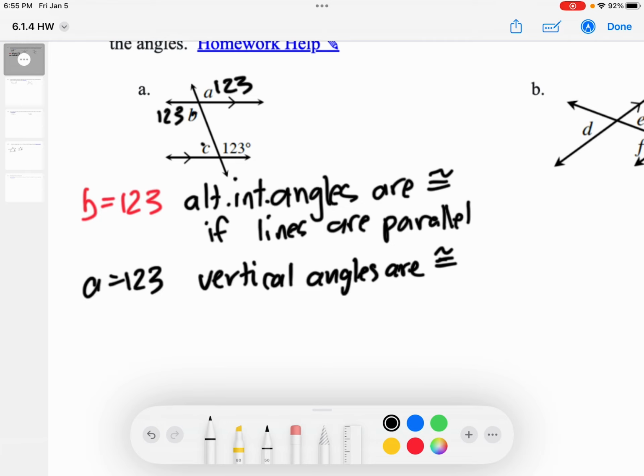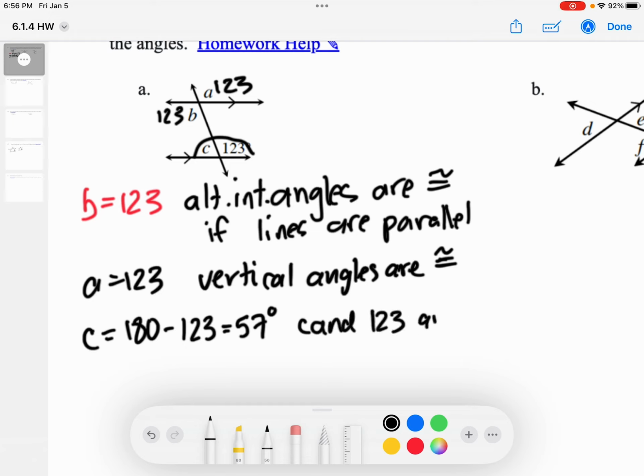B and C together are same side interior angles, or C and 123 are supplementary. So C is going to equal 180 minus 123, which is going to be 57 degrees, because C and 123 are supplementary.